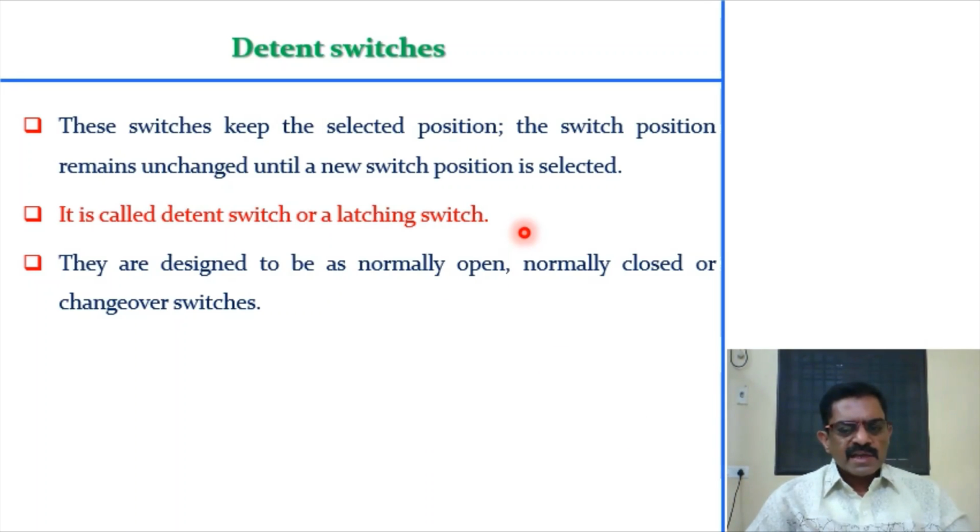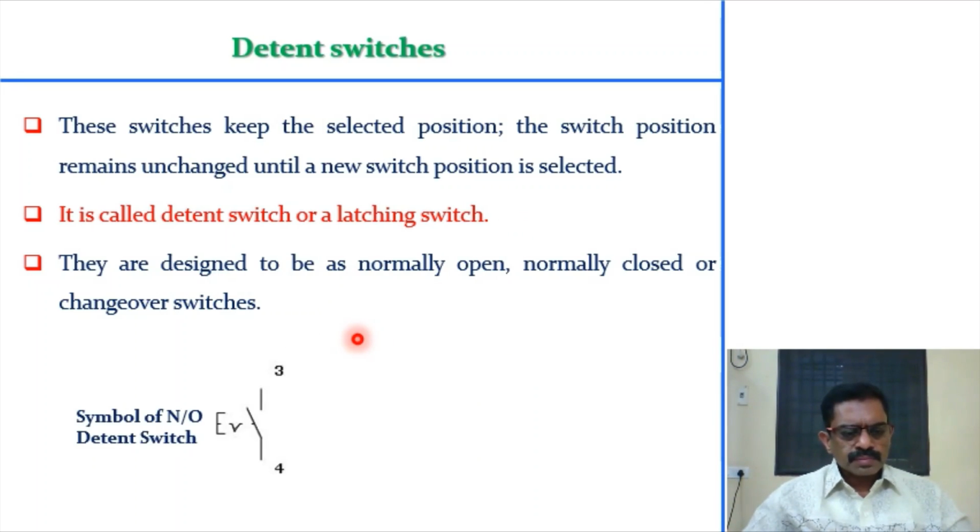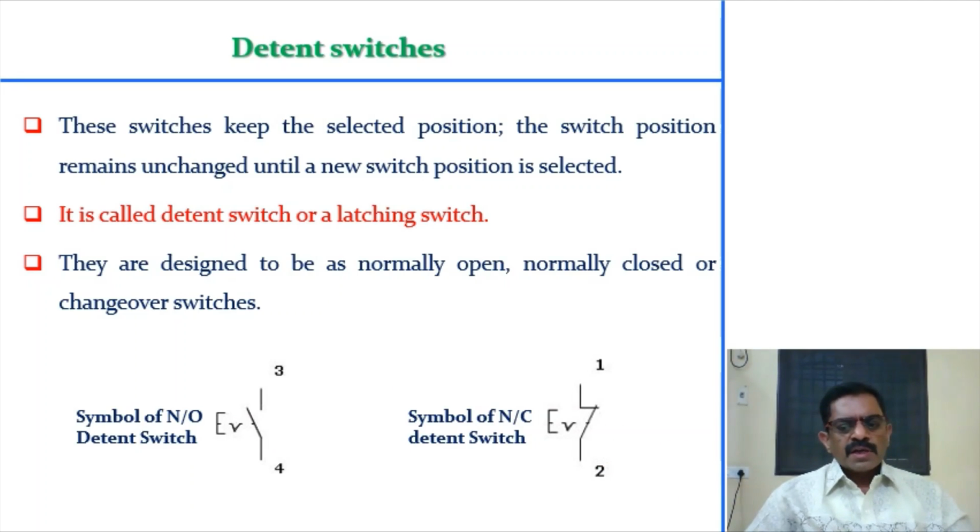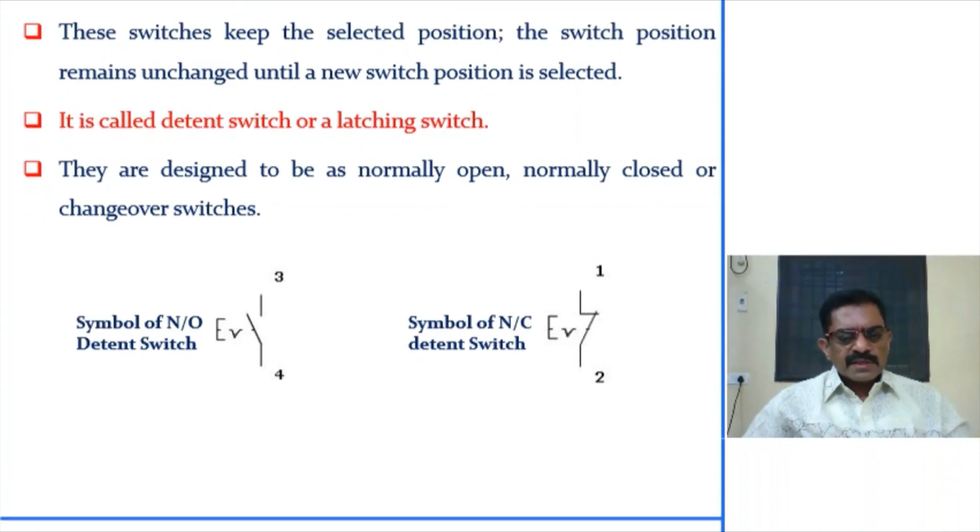In PLC or in this topic, it is a very important question. They are designed to be normally open, normally closed, or changeover switches like push buttons. This is the normally open detent switch, and this is the normally closed detent switch symbol. These two symbols are widely used.